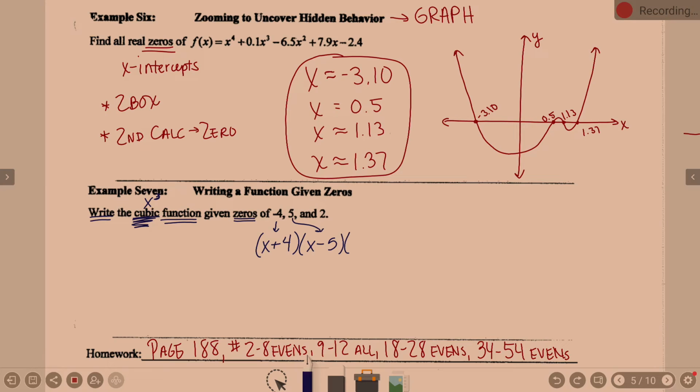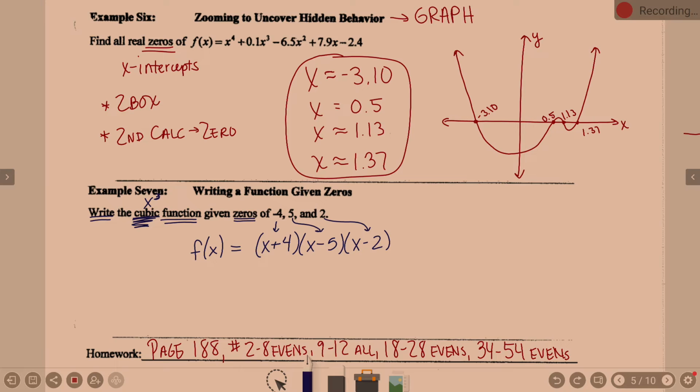And a zero of 2 looks like x minus 2 as a factor. Now it says to write a function, so I can make this official and say f of x equals. So there's your function.